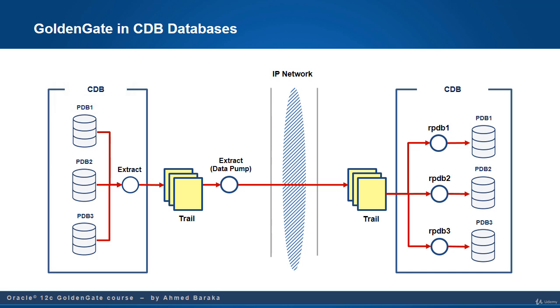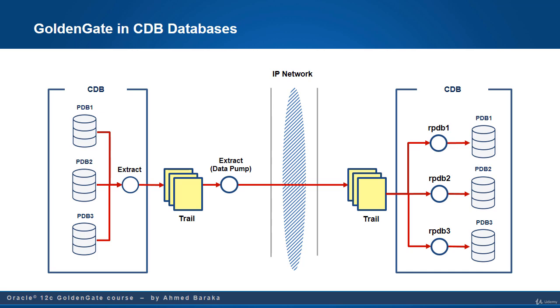Let's see how Oracle GoldenGate works in Oracle multi-tenant databases. To capture from a multi-tenant database, you must use an integrated extract. Classic extract is not supported and cannot be used. The extract is configured at the root CDB level using a C## account.